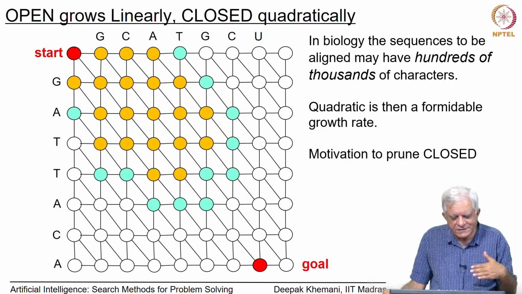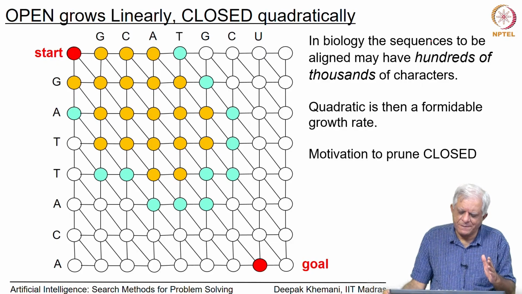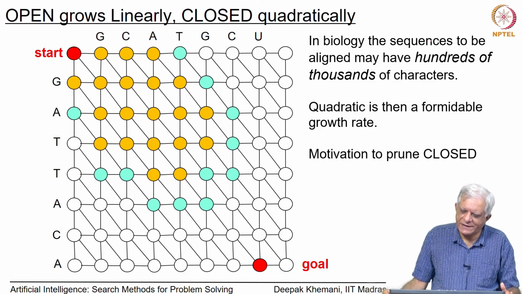So, we will begin in the next session by looking at algorithms which try to prune the closed list, and then we will move on to the more general case and see how we can save on the open list essentially.